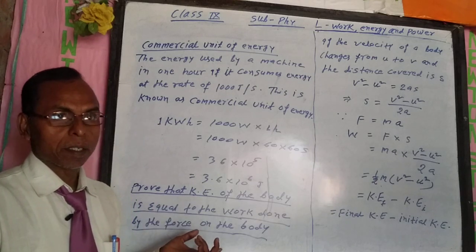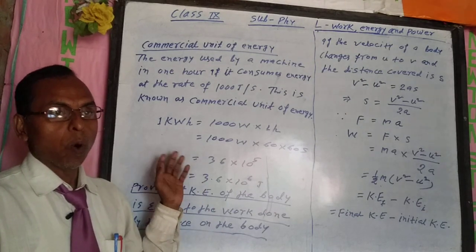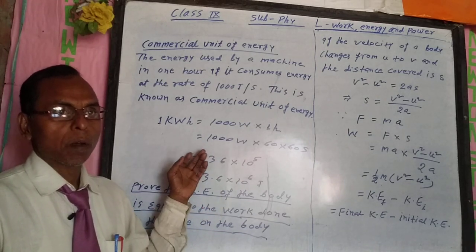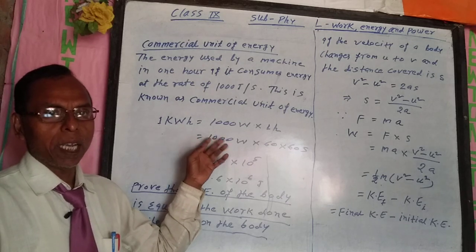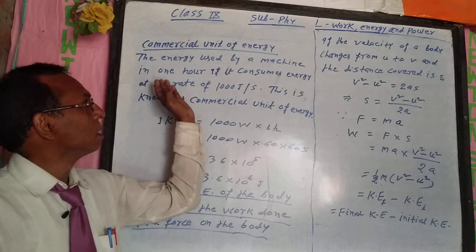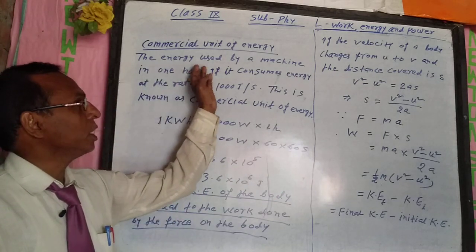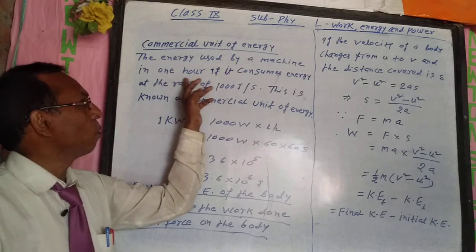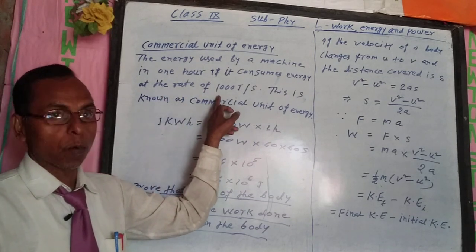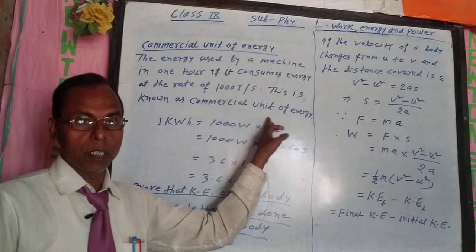It means that a device having power 1000 watt, used for 1 hour, uses energy known as the commercial unit of energy.